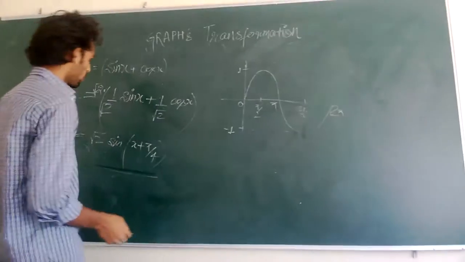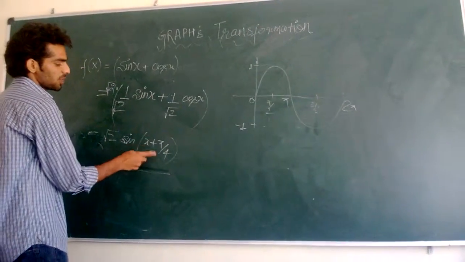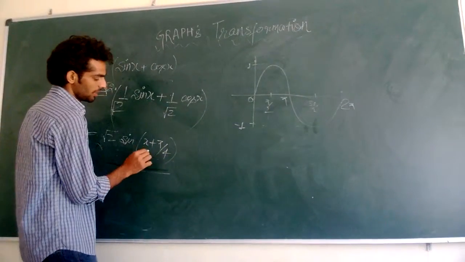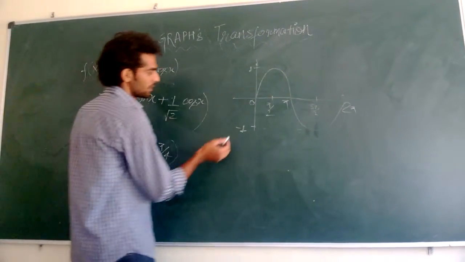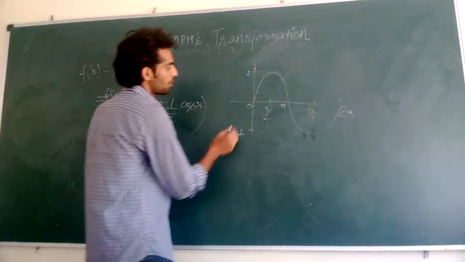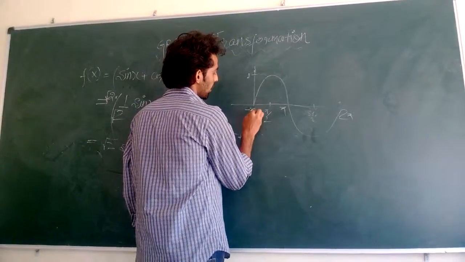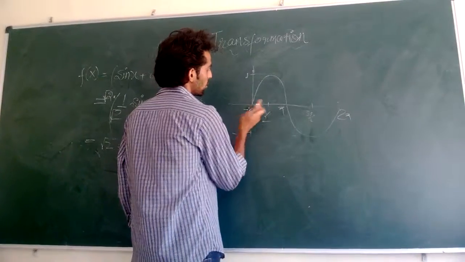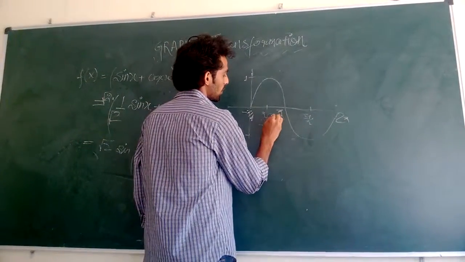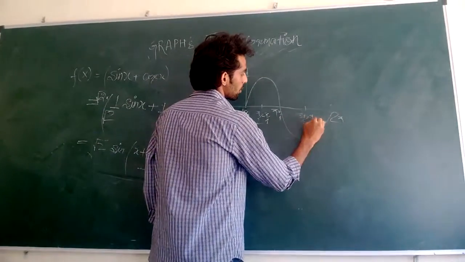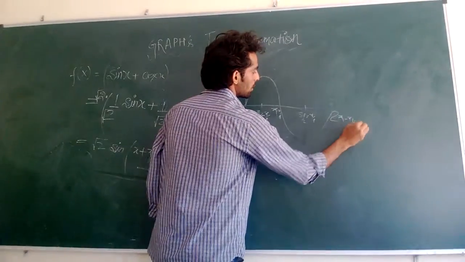So if we have to draw a graph of sin of (x plus pi by 4), here it is getting added, so we have to subtract this pi by 4 from every value of x. So this point becomes minus pi by 4, and of course the origin shifts. Minus pi by 4, minus pi by 4, minus pi by 4.